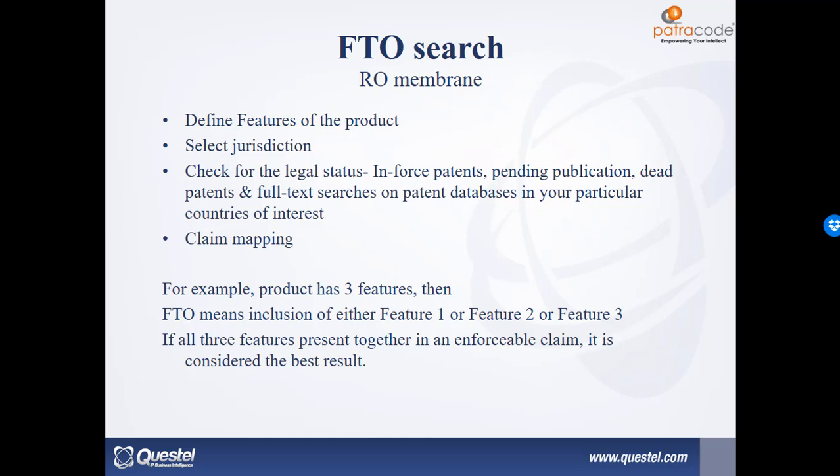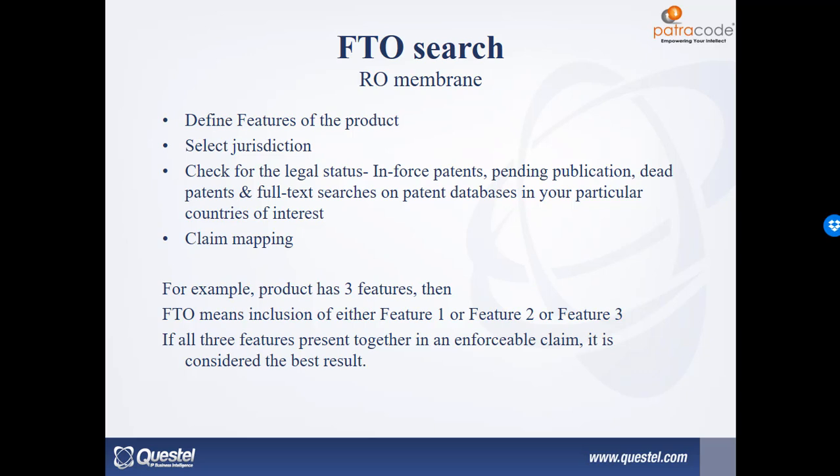So if something has expired, it is easy to launch the product in the market over there because that patent is already expired. Dead also means either abandoned, withdrawn, or the renewal fees might not have been paid, and so it has been abandoned in that jurisdiction. So it is dead and it shows a dead status.